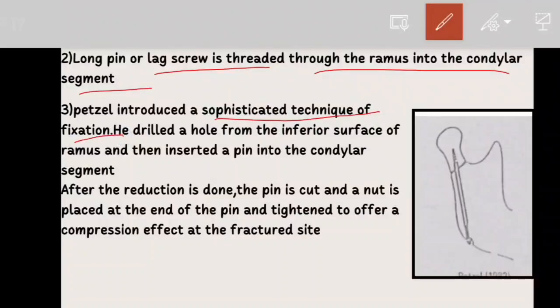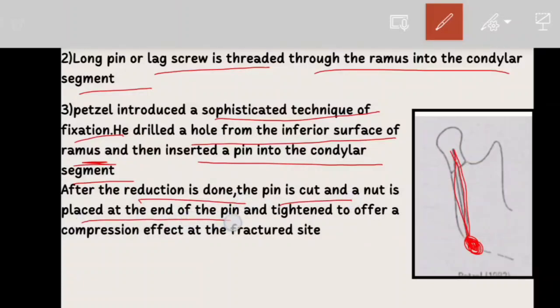He drilled a hole from the inferior surface of the ramus and then inserted a pin into the condylar segment. After the reduction is done, the pin is cut and a nut is placed at the end of the pin and tightened to give a compression effect at the fracture site. You can see the pin passes upward and compression is applied. So this is the Petzl technique.